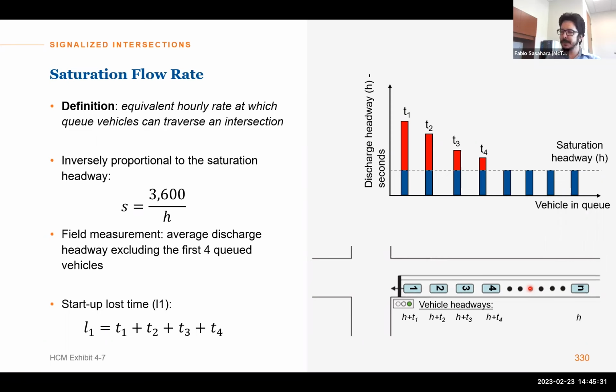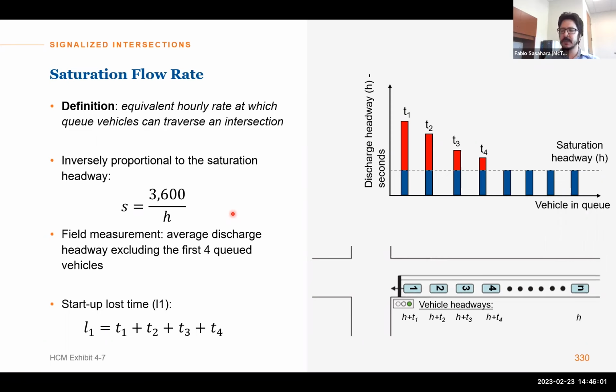How we measure that from the field, we don't count a rate directly, but we typically count the saturation headway, h, lowercase h, which is the difference of time between two vehicles that cross the stop bar. And we typically find something around 2 seconds per vehicle, which roughly translates into 1800, 1900, which is a common value for saturation flow rate.